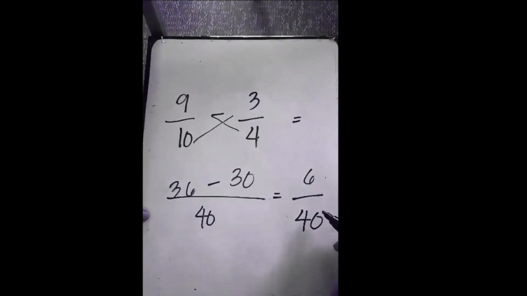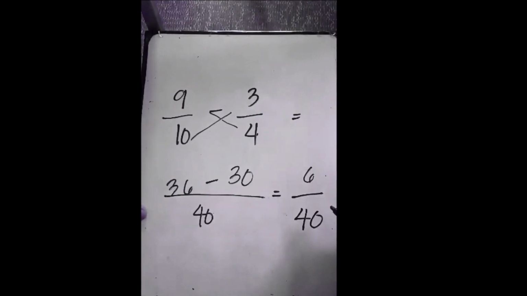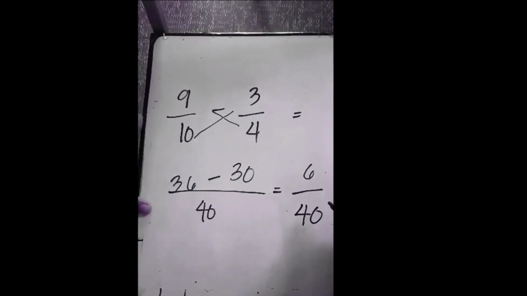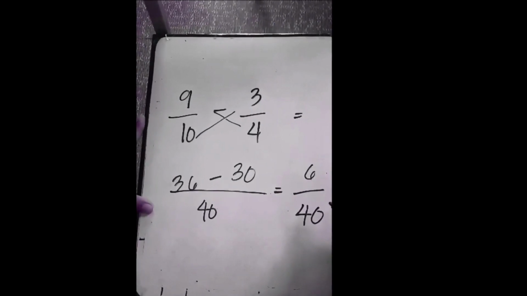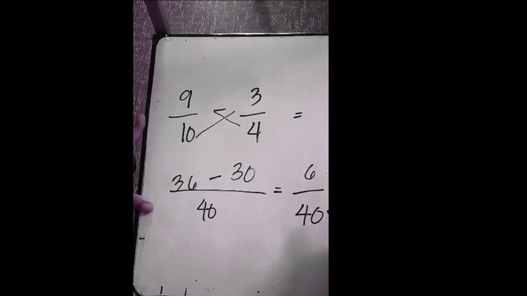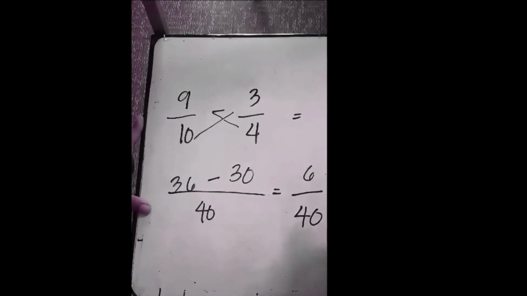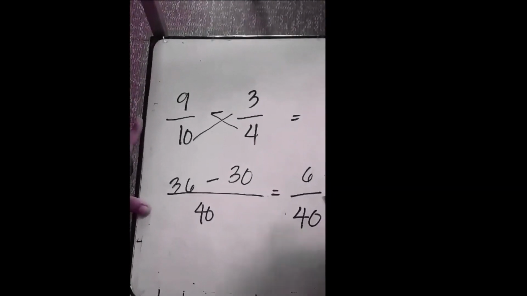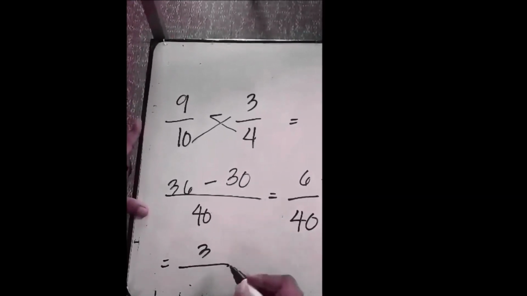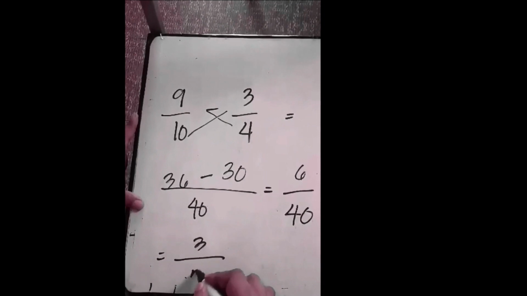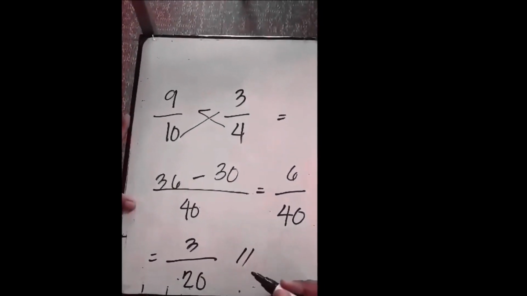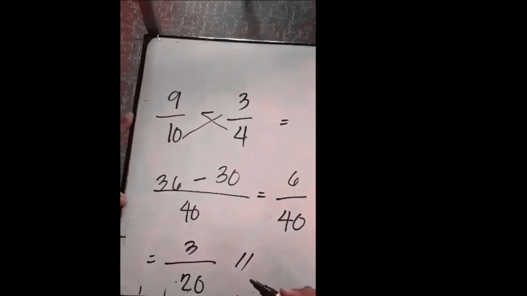Now, seeing this answer, this would tell us that this new fraction can still be reduced because numerator and denominator are both even, so we can divide this by 2. 6 divided by 2 will give us 3, and 40 divided by 2 is 20. So here is now our answer, 3 over 20.